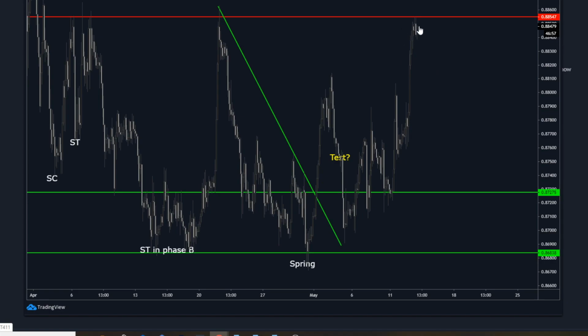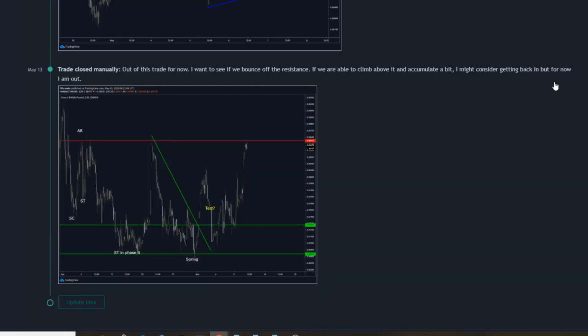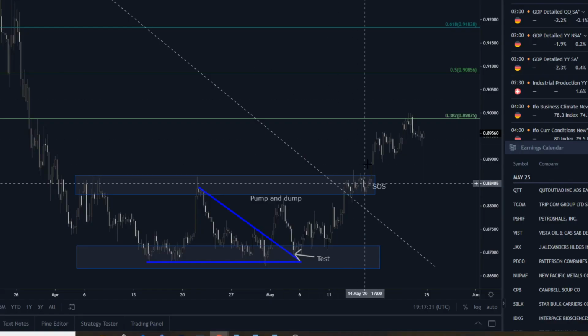Even, I think at this point I completely got out because I wanted to see if it was going to be an SOS, because this is a crucial point where sometimes it completely reverses and comes back down and takes out the spring, and then it becomes a failed Wyckoff accumulation phase, and then it's a short.